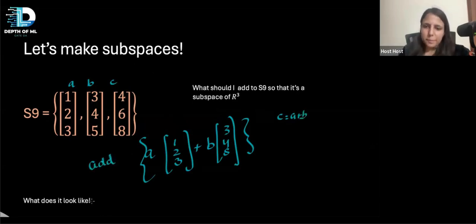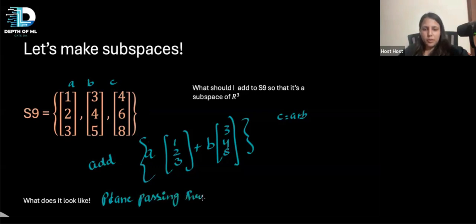What will it look like? Right. So it will be a plane passing through A and B, and also the origin.